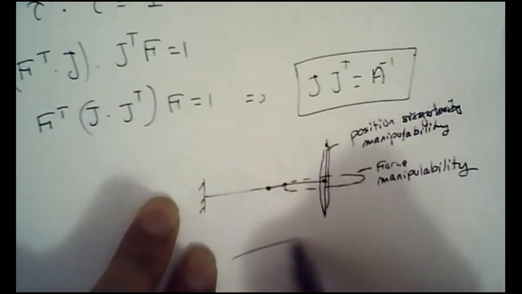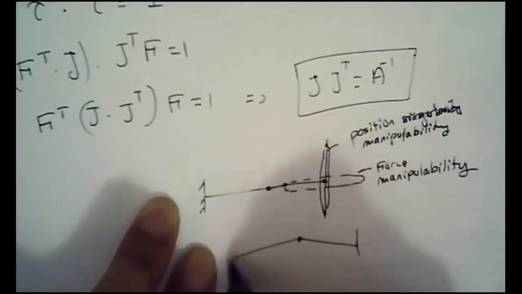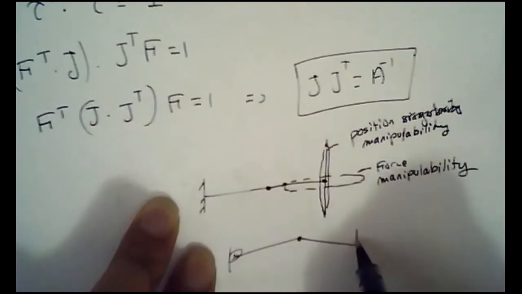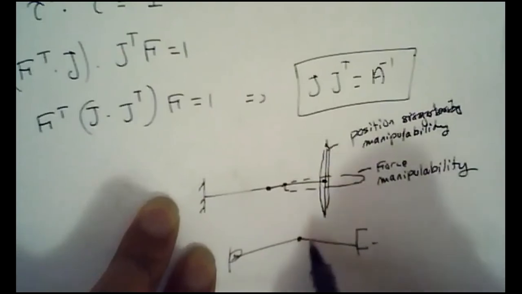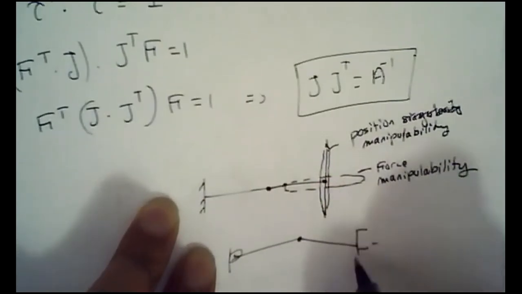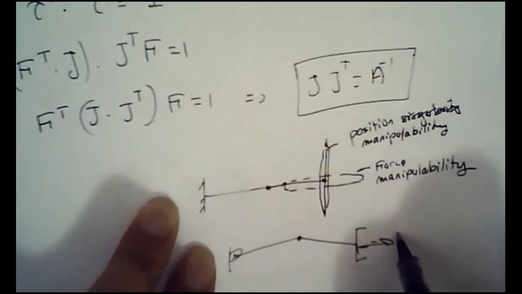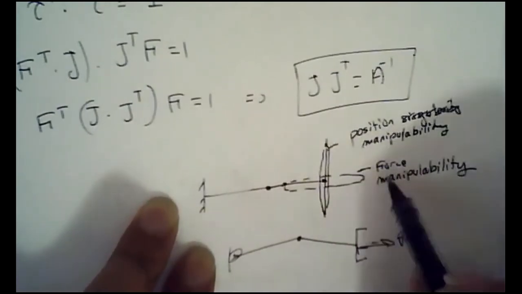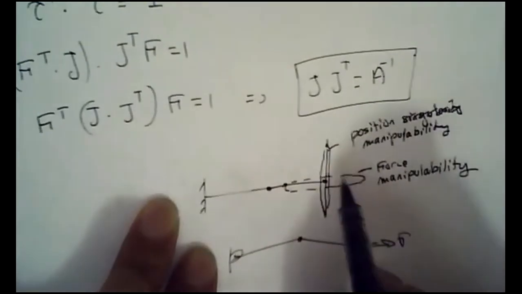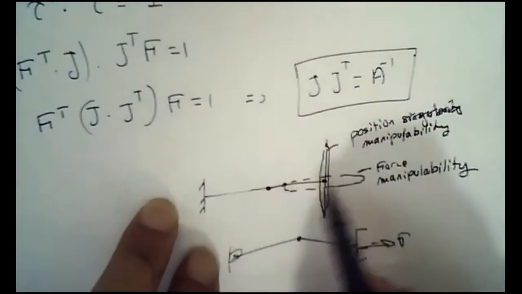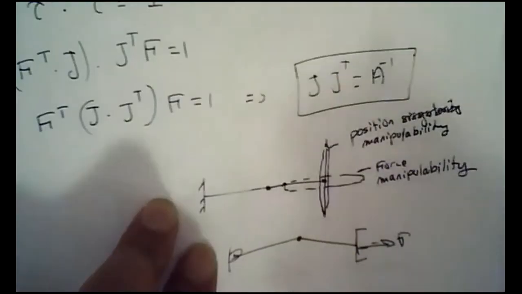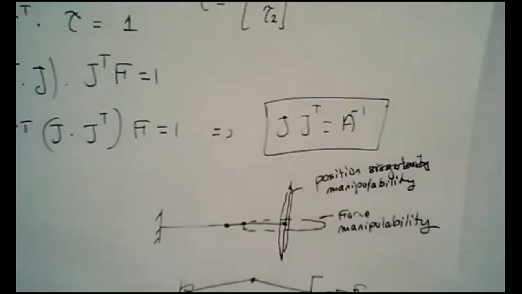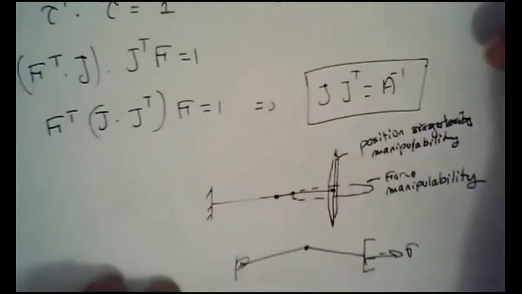If the manipulator is like that and it's stuck, for example, on a wall, it can apply way more force in that direction than it can in this direction for the same torques. And this is the force manipulability. So this basically tells you the directions in which the robot can apply more force. This is a very important concept.